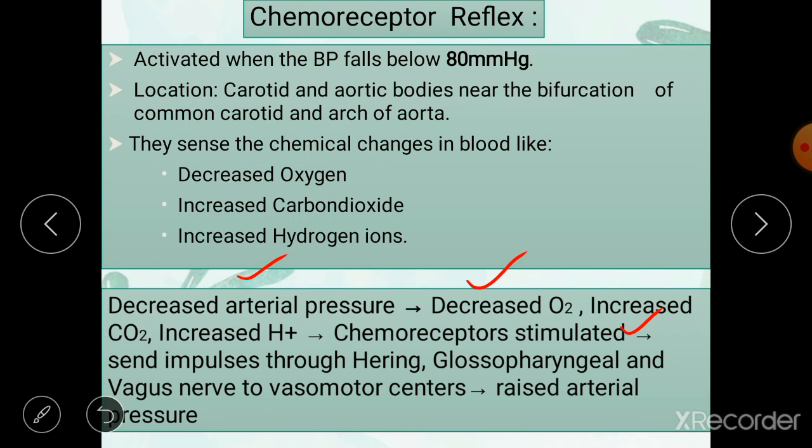They are going to send impulses through the glossopharyngeal nerve and the vagus nerve to the nucleus of tractus solitarius, and there is going to be vasoconstriction, increased heart rate and increased heart contractility, which is going to raise the arterial pressure back towards normal. So this is the flow chart of events which take place when there is decreased arterial pressure. Opposite would happen if the arterial pressure is increased, and opposite effects are going to take place to reduce the arterial pressure back towards normal.